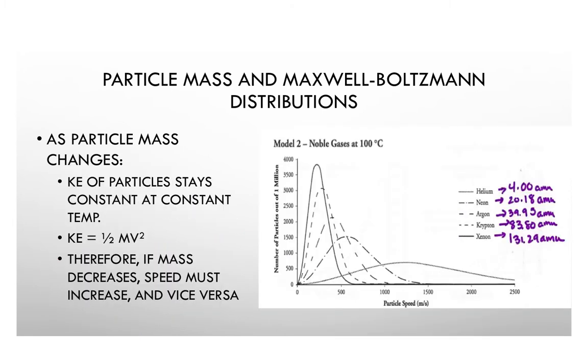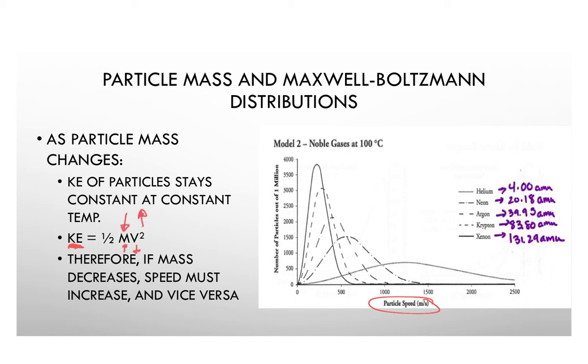That's not the case, though, if we talk about speed, because kinetic energy is 1/2 mass times velocity squared. If KE is constant and we are decreasing the mass, or getting lighter, then the velocity has to get bigger in order to keep this constant, and vice versa. If mass increases, the velocity has to go down.